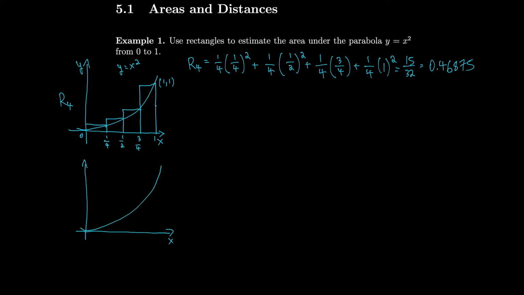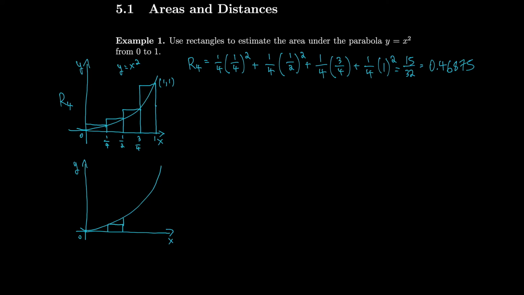So that's y equals x squared. But instead, I'm going to draw my rectangles so that the left side touches the curve. So over here, I draw a rectangle. It has height 0 because the left side is at 0. My next one will have this height at 1/4, and then I draw it out.